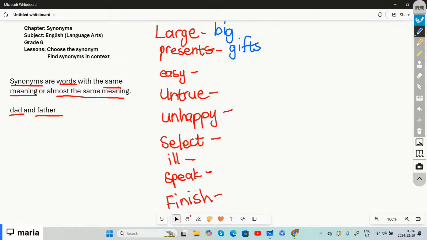The word that's the same as or almost the same as easy is simple. Like this sum is so easy, or we can say this work is so simple. Another word for untrue is false, because it's not the truth, it's false.